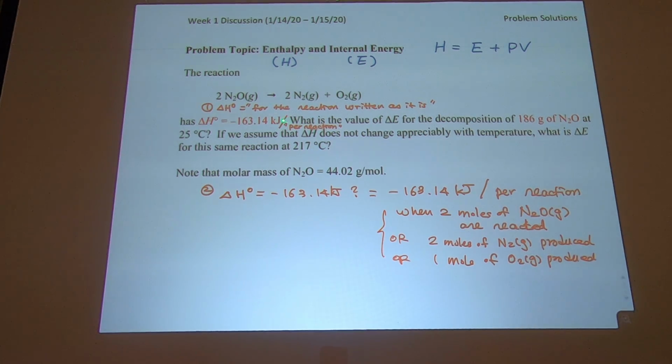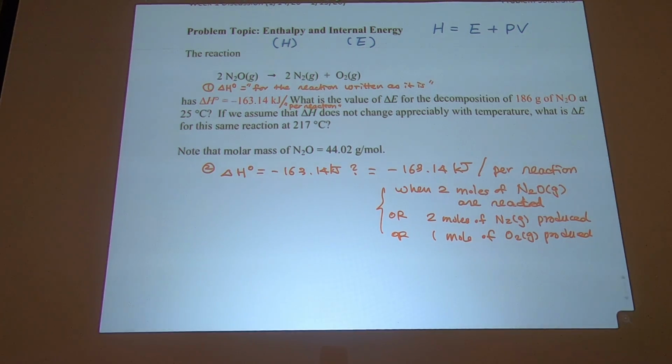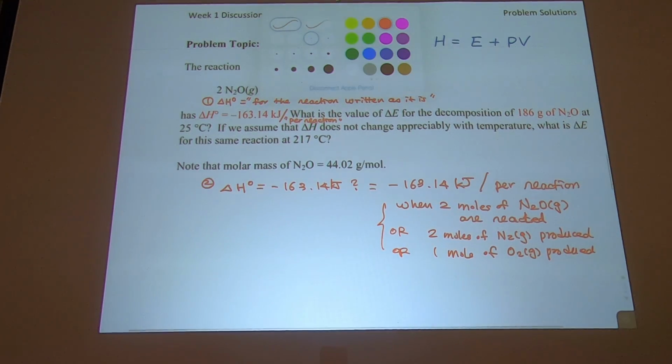So they cannot write anything else; they just give you the energy as it is, because all the information was given in the form of the reaction as written. So that's the first thing. Let me do the second one.